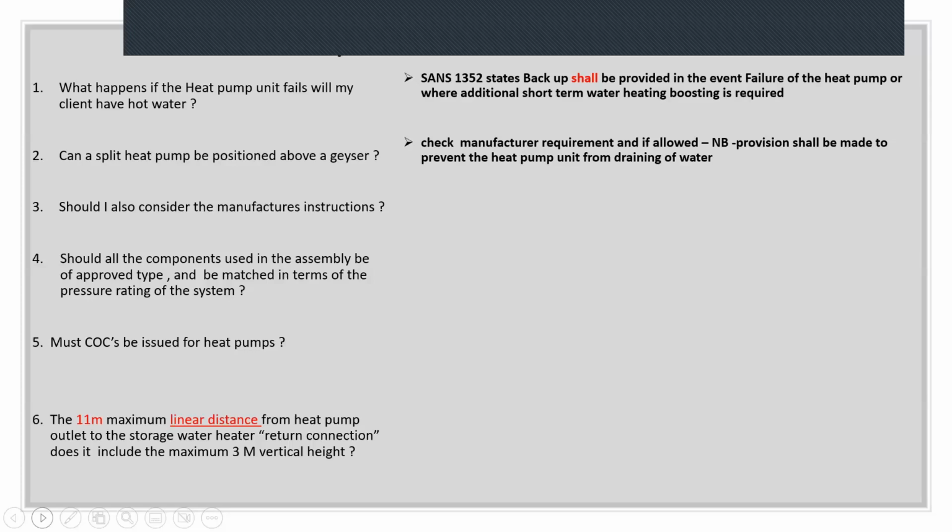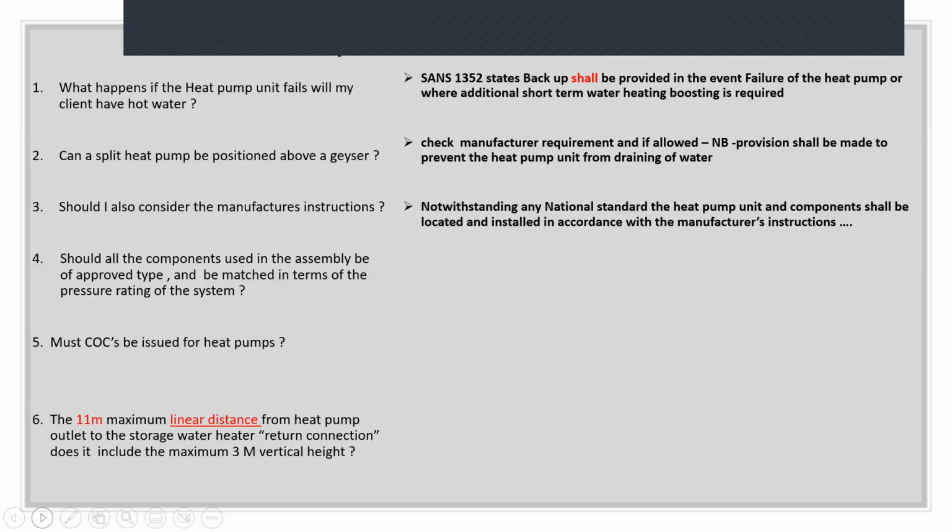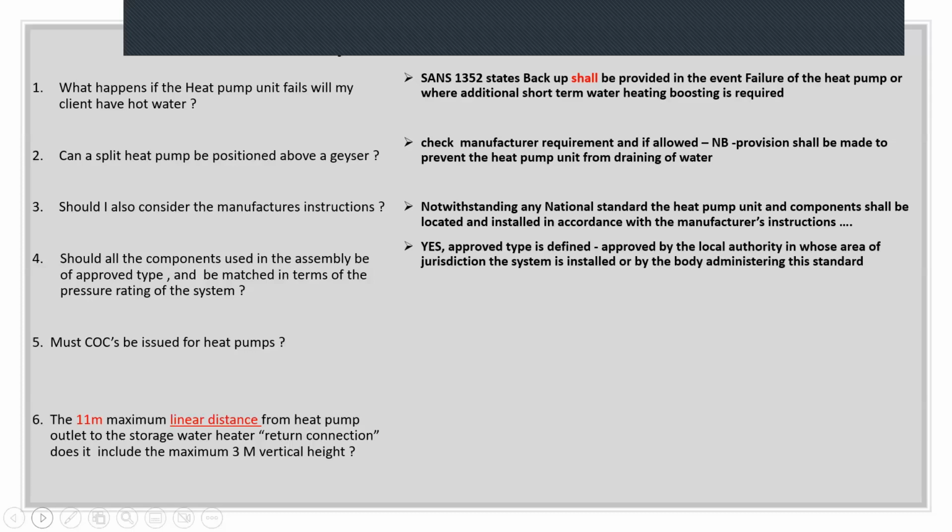Next question we normally get is, should I consider the manufacturer's instructions? And the simple answer is yes. Notwithstanding the national standard, the heat pump unit and all its components shall be located and installed in accordance with the manufacturer's instructions. Next question, should all the components used in the assembly be of approved type and be matched in terms of the pressure rating of the system?